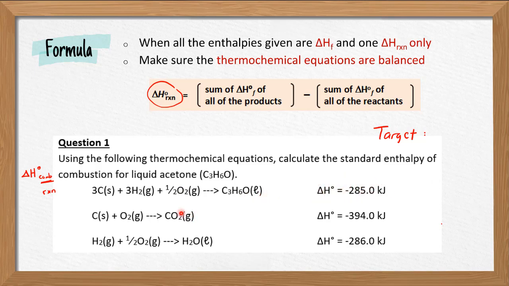The next equation, when 1 mole of carbon dioxide is formed from its elements under standard state, refers to the enthalpy of formation for carbon dioxide, CO2. The last one, when 1 mole of H2O is formed from its elements at the standard state, refers to the enthalpy of formation for H2O. So you may write down over here, these are all enthalpies of formation.